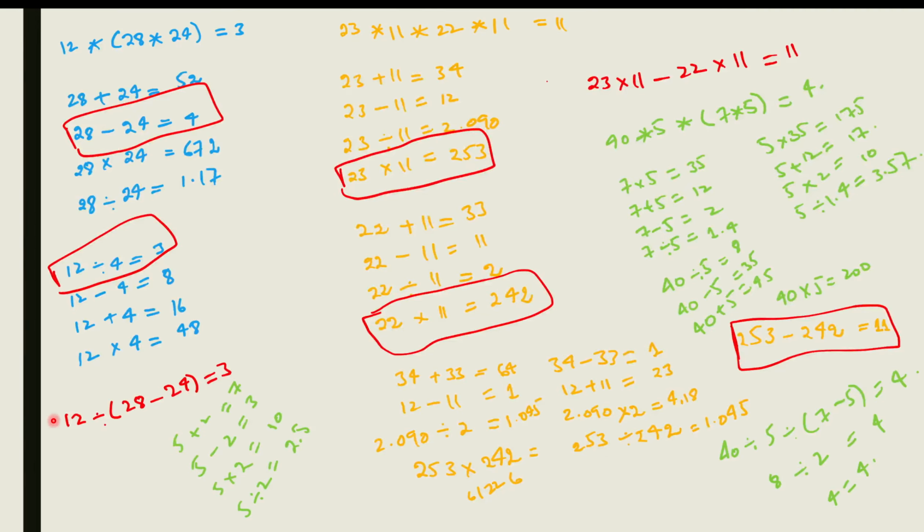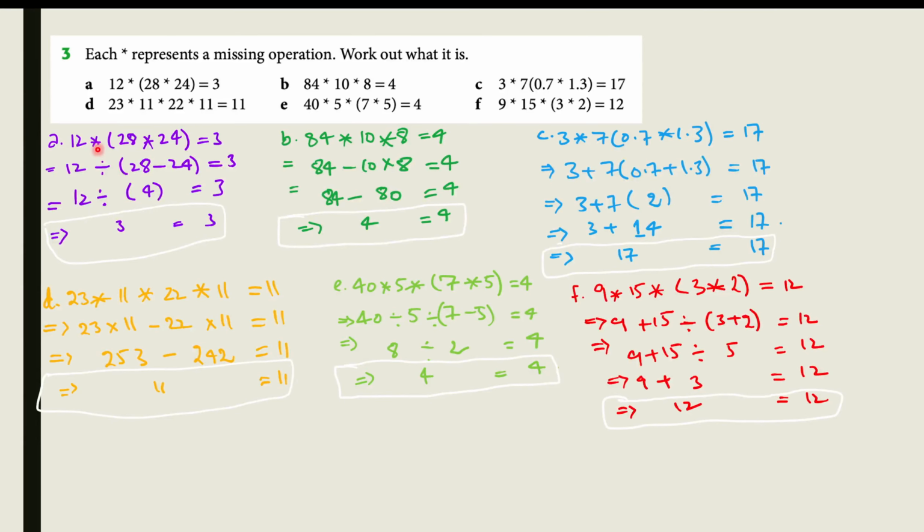This is the correct equation, and we place the operations accordingly in the given equation. So now it's complete, and we have not only placed it, we have proved it as well by solving it.